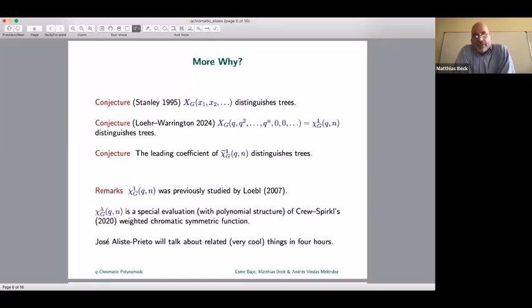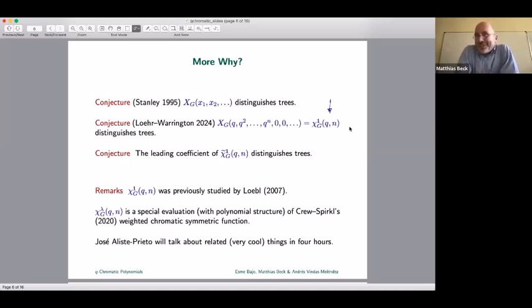It's a stronger conjecture that says this principal evaluation of the symmetric function already distinguishes trees. Now you can see maybe one of our big motivations. Here I can actually start talking with people in this room, because this is also a special evaluation of what we're doing. This conjecture has been computationally checked for, I think, trees up to 17 nodes.